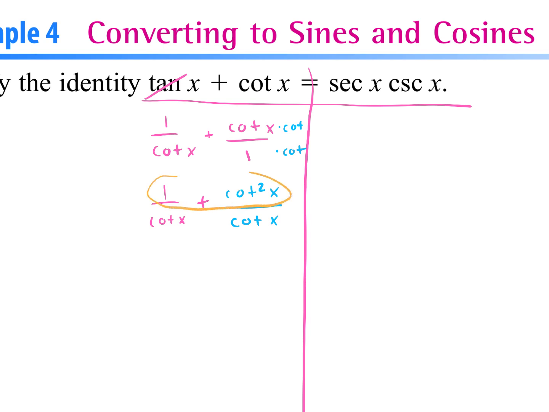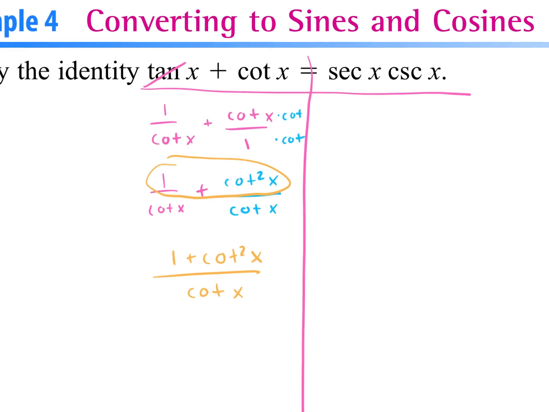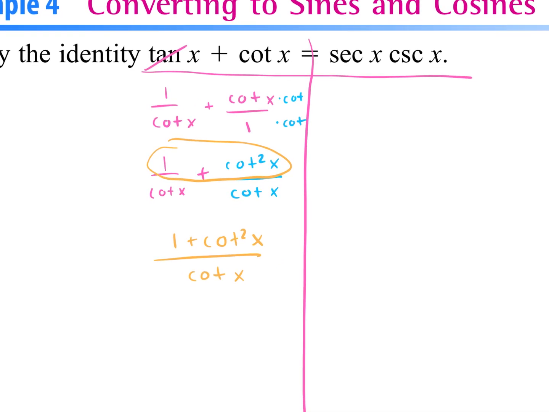Yeah, now that I have a common denominator, I'm going to add the tops together. So I have 1 plus cotangent squared over cotangent. When you have a common denominator, do I add them together? The denominator stays the same.